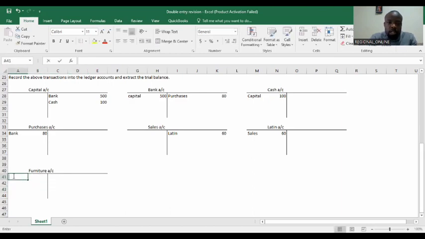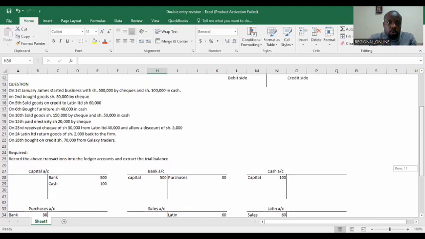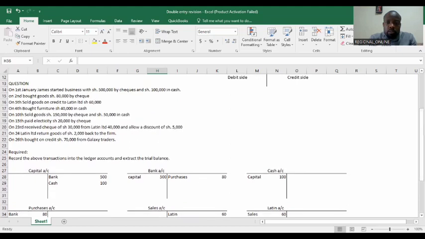So you are buying that asset and you are paying by cash. All of them are assets, but one is reducing, one is increasing. The furniture is coming to the business, so it's an asset. If an asset is increasing, you debit, with an amount of 40,000.